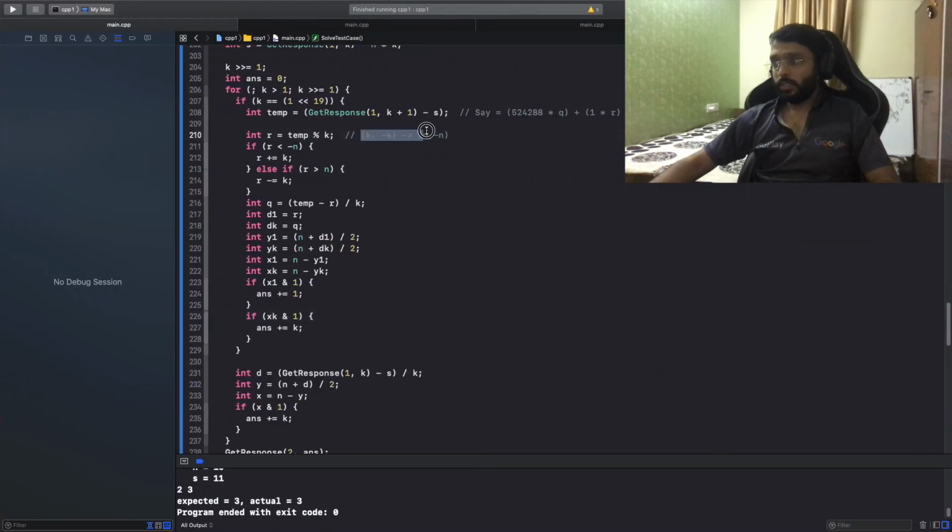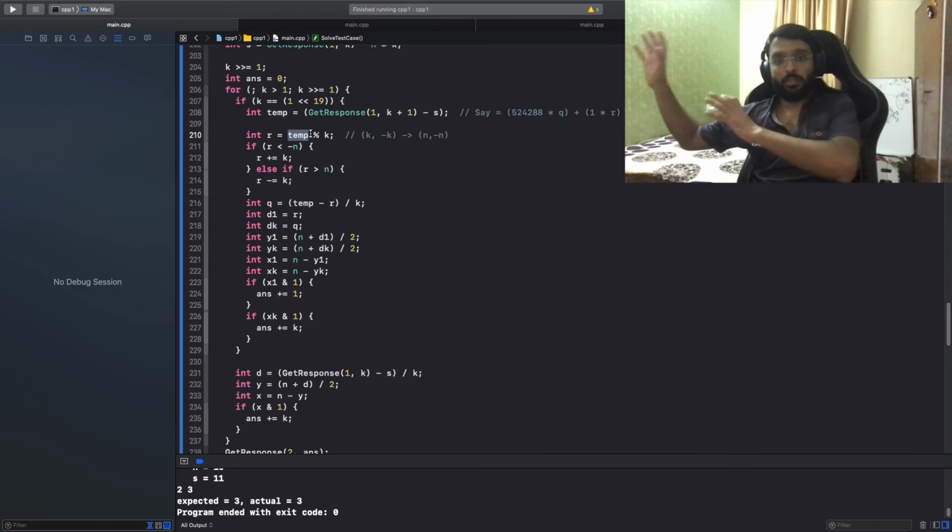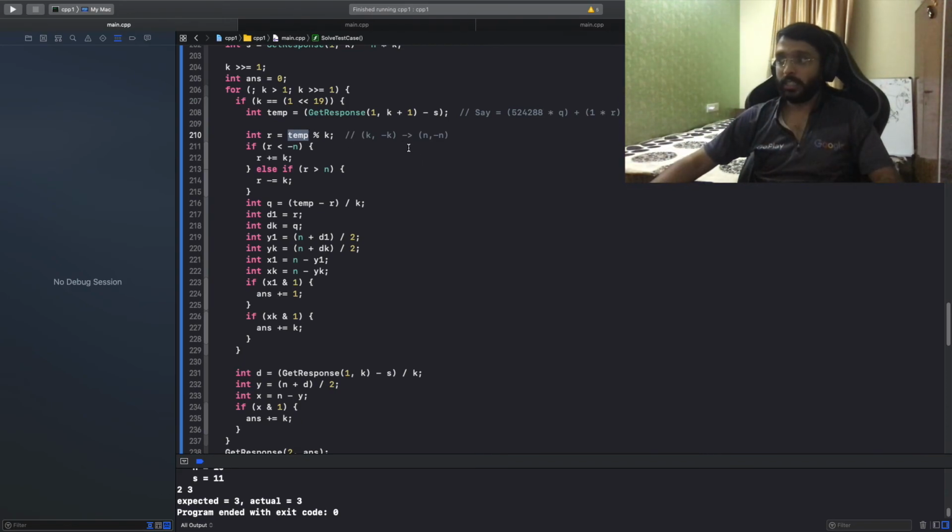The reason I know that this can be shifted over here is because of this particular equation, that temp is actually equal to k multiplied by q plus 1 multiplied by r. It's just that because I'm taking modulo, and if temp is a very negative number, it is possible that I lie somewhere which is less than minus n but greater than minus k.